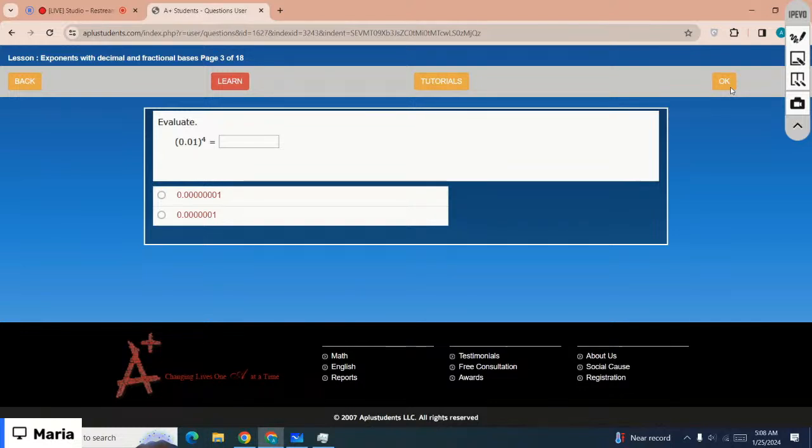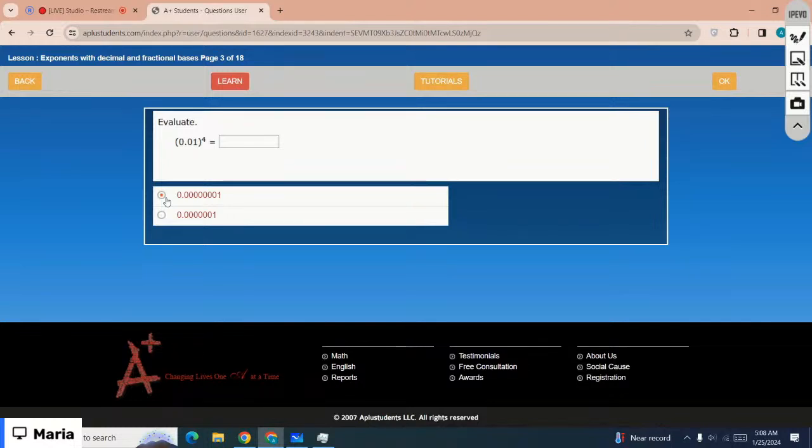So it must have 8 decimal places. 1, 2, 3, 4, 5, 6, 7, 8. Option number 1 is the correct option because 0.01 has 2 decimal places, right?